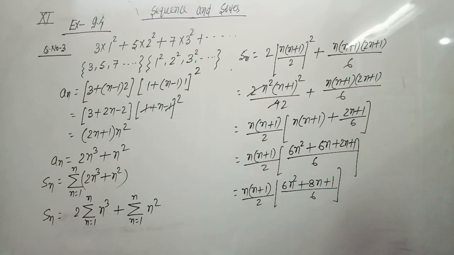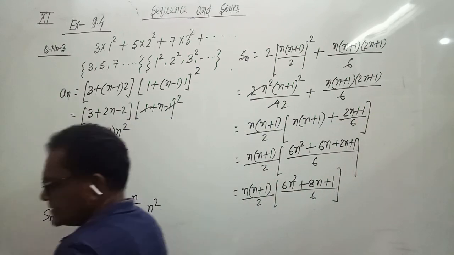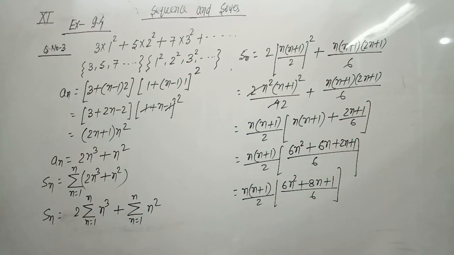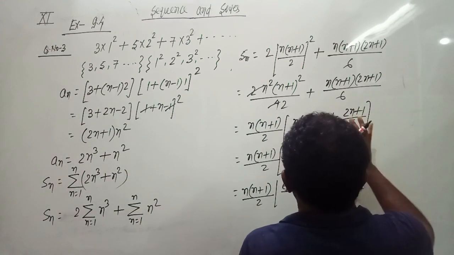Six n square plus 6n plus 2n plus 1, so 6n square plus 8n plus 1. Here comes 3. We have taken upon 2 as common.